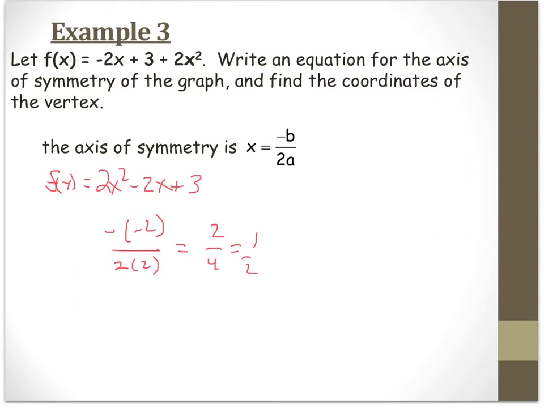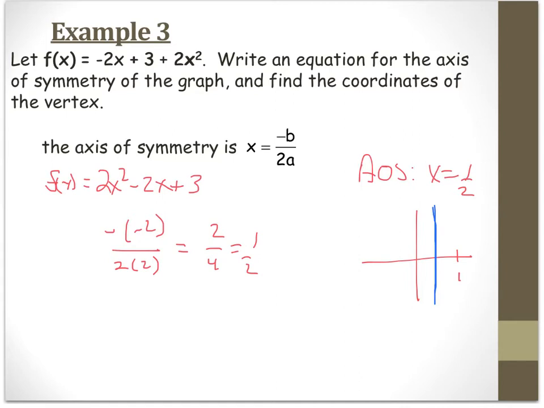So the axis of symmetry is 1/2. So I know right away that the line that goes through the vertex is 1/2. I don't know what this parabola looks like, but I know if this is 1, I'm going to have some line going through the parabola and splitting it down the middle right there.